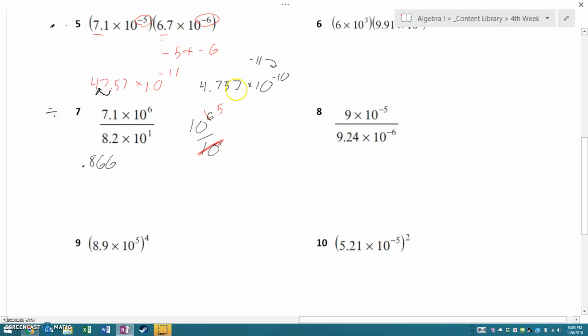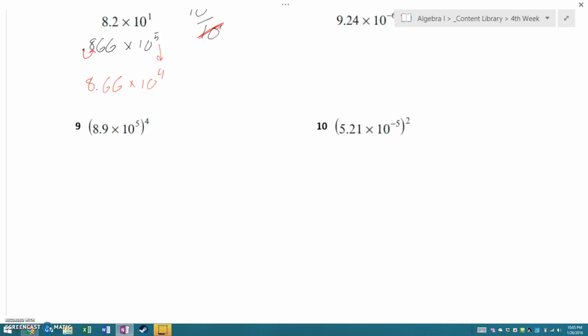So I removed 1 from each of them, meaning that now I'm going to have 1 less, so 10 to the 5th. And again, for STAR, they're going to want you to take this and move that over to 8.66. So 0.8 is smaller than 8, so I increased the number, which means that now I'm going to have to decrease my exponent. It's a trade-off. You go back and forth like that.